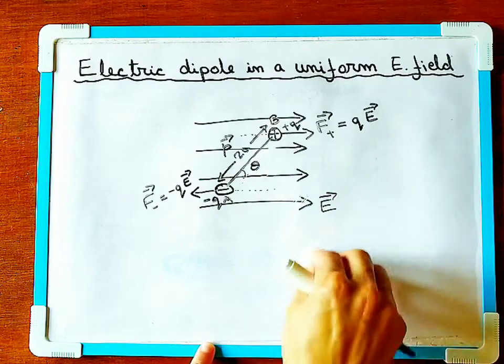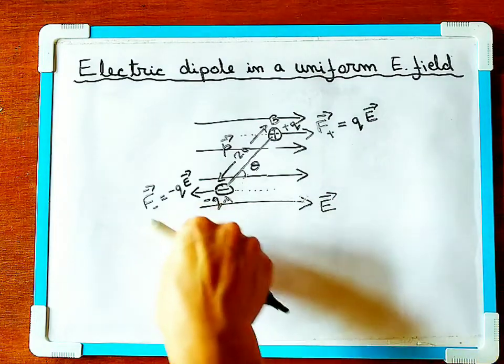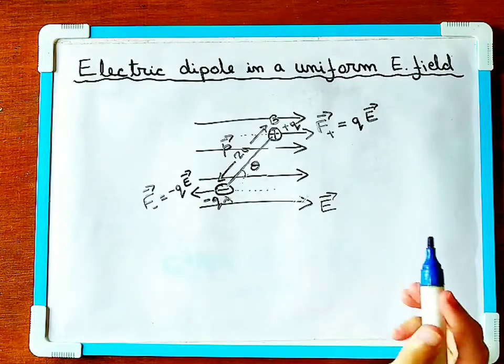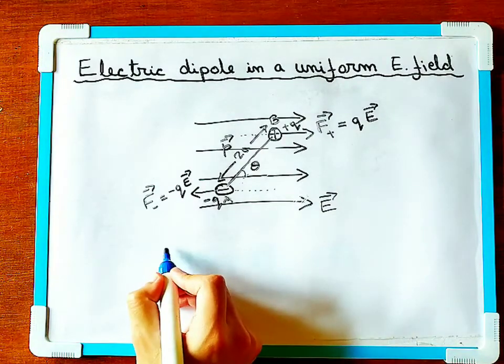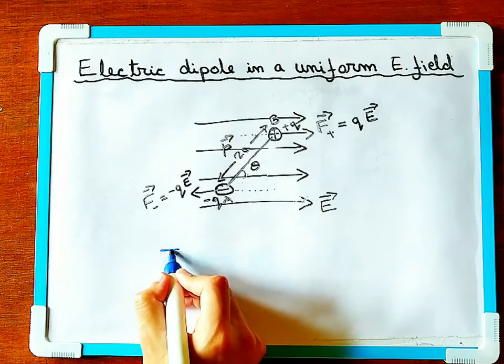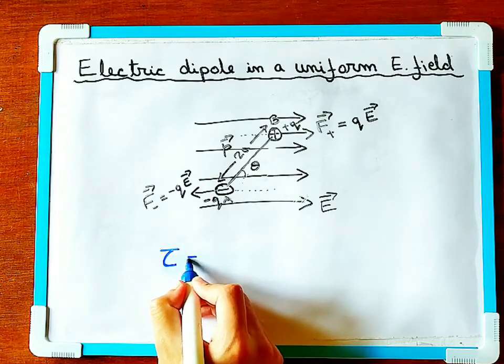And the magnitude of the torque experienced by this electric dipole is given by tau, which is the symbol of torque.